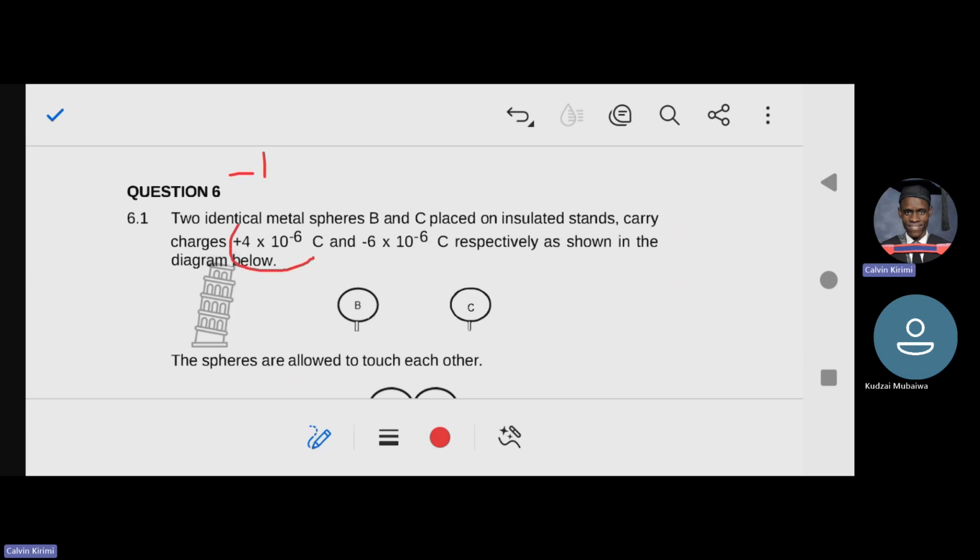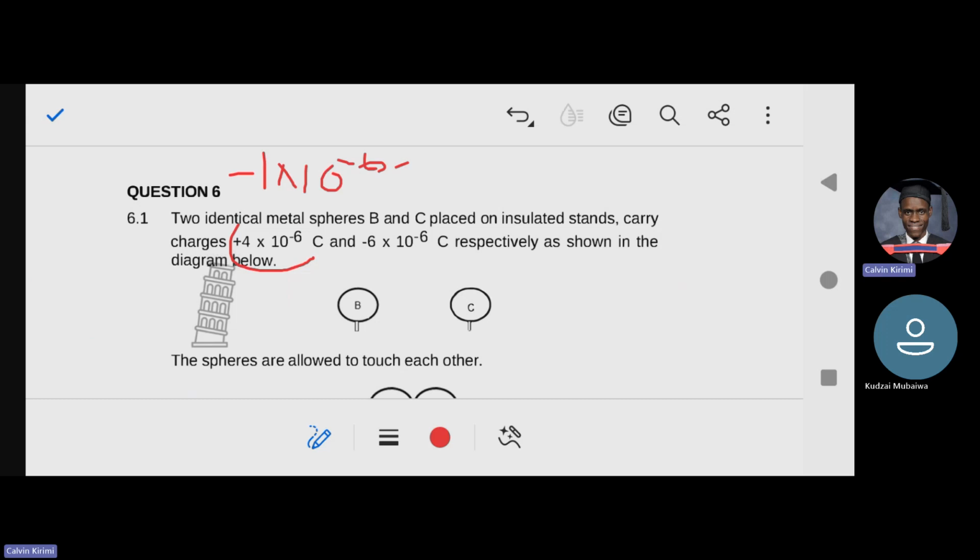Now the charge is minus 1 times 10 to the power negative 6 coulombs. So what is the gain? How do you calculate the gain of electrons, the charge?